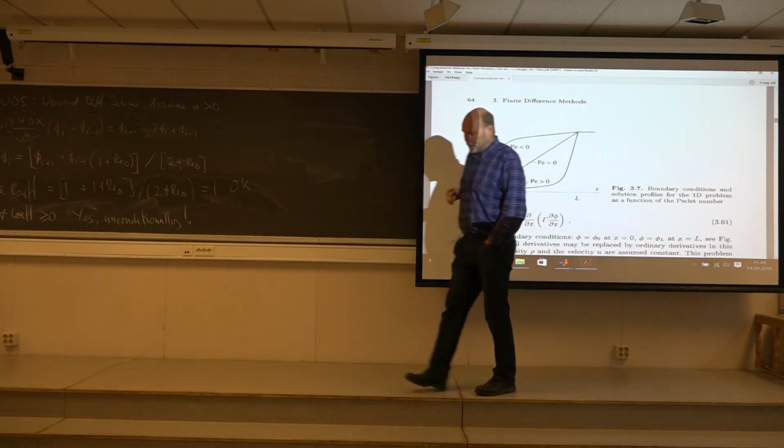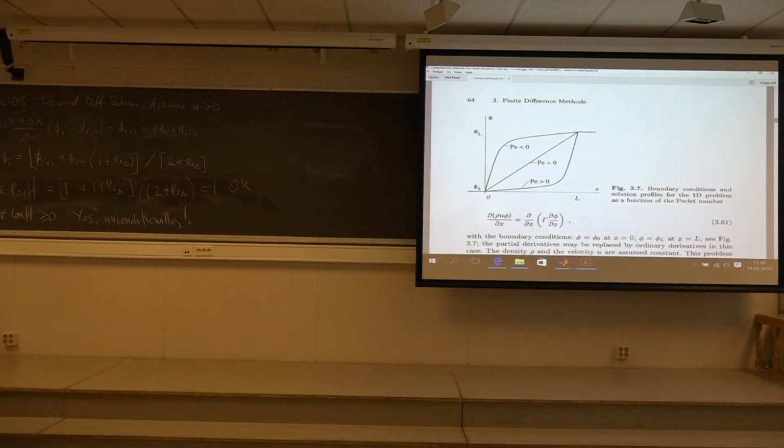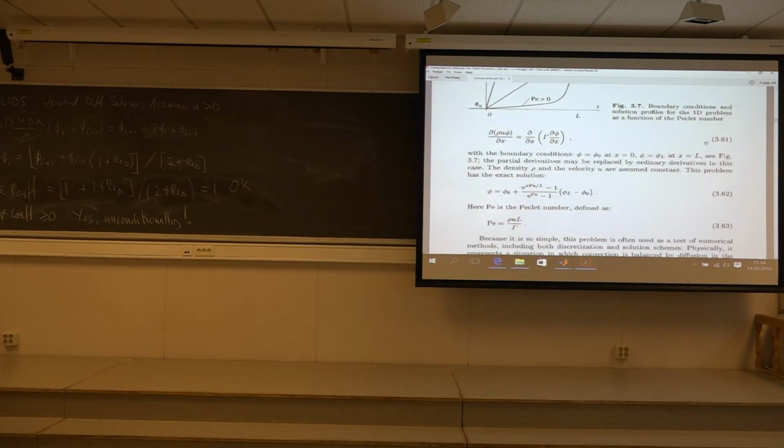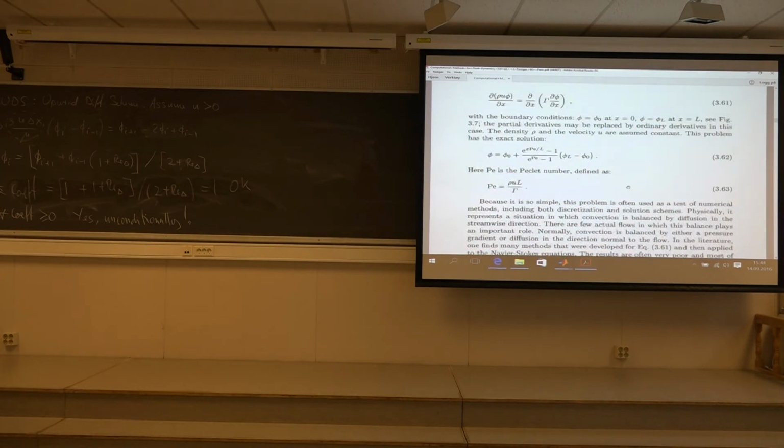And the variation there strongly depends on the local Reynolds number. This has an analytical solution. So we have the exact solution here.